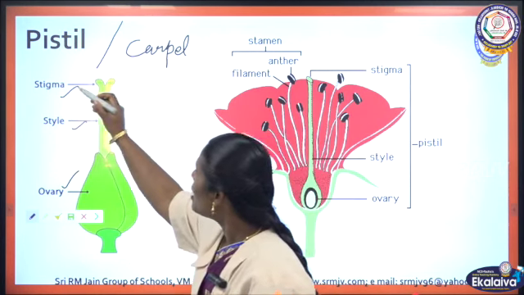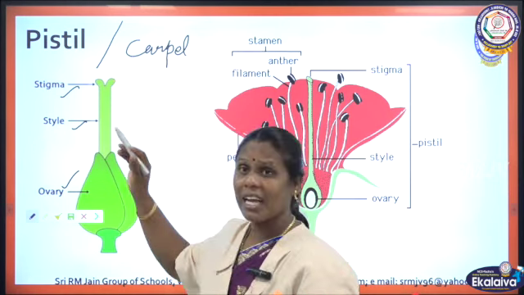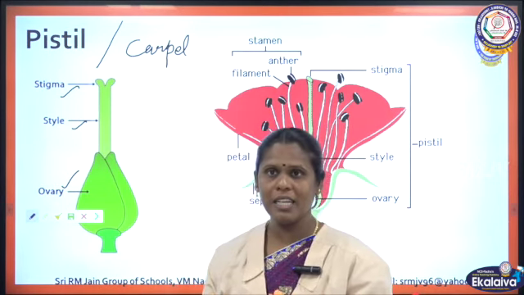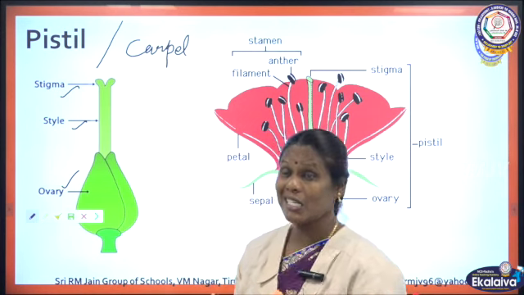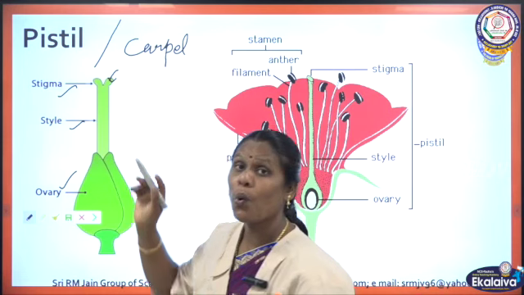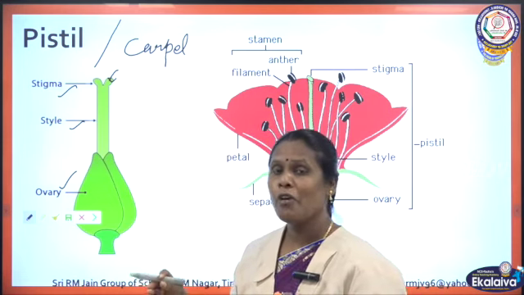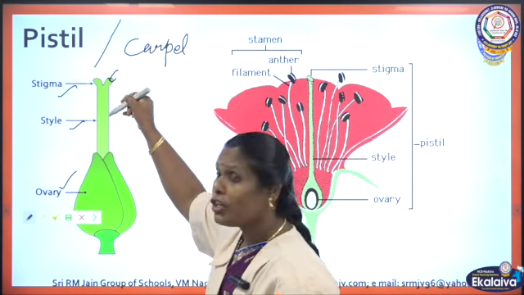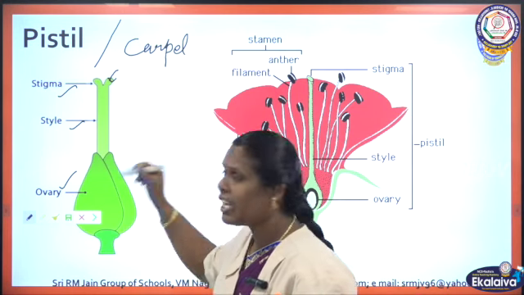The stigma is present at the top of the pistil. It has a sticky substance. It receives pollen grains, which germinate by developing pollen tubes to reach the ovary.